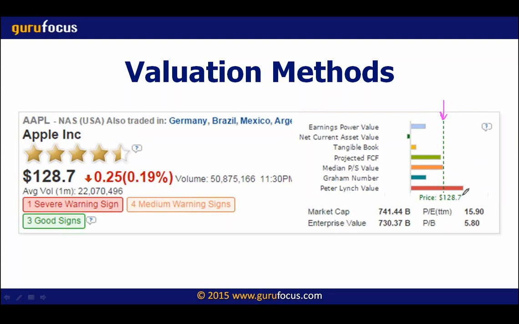It's in a histogram format, and then these colored bars show you what that valuation projection is. Obviously, tangible book value here on Apple is far less than its currently trading price, but the Peter Lynch value is in excess. This is not an end-all be-all, but from a general point of view, and just a quick reference point, the more of these you have to the right side of this green dotted line, the more undervalued the stock is likely to be.